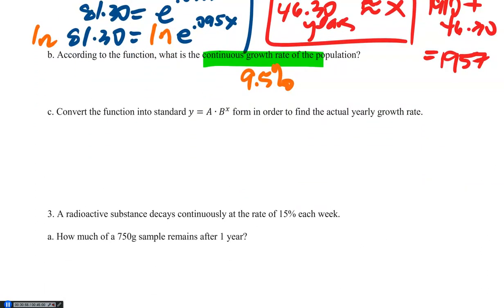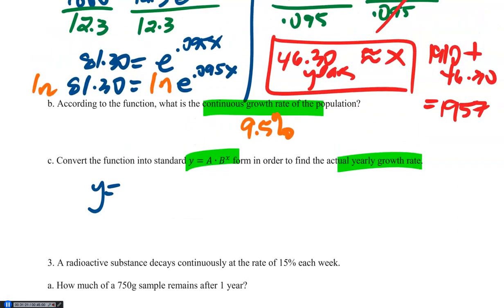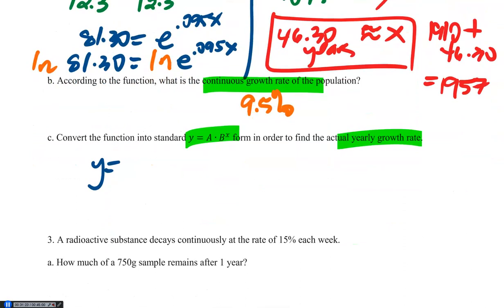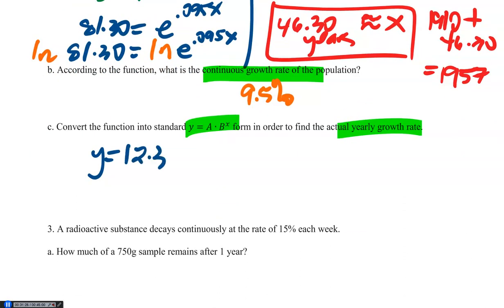Then next, convert that given function into standard y is equal to b to the power of x to find the actual yearly growth rate. So y is equal to, again given, 12.3 e to the power 0.095x.